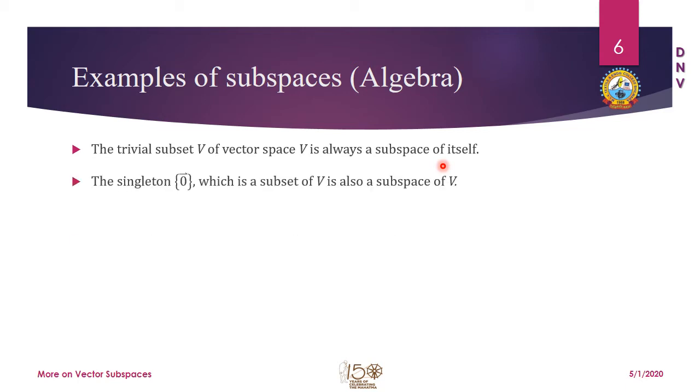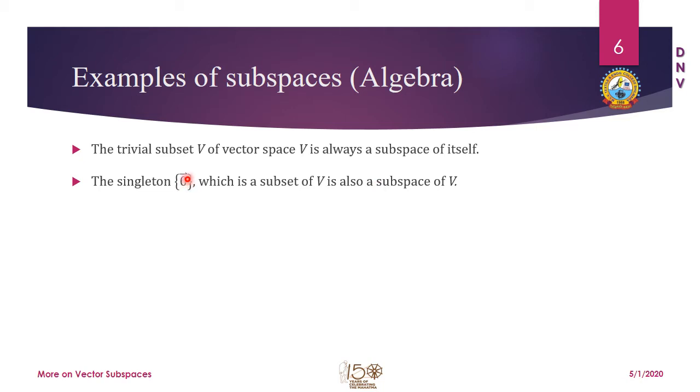Second, we are taking a singleton set. Singleton set means a set containing only one element. Here we are considering the singleton containing the 0 vector, which is a subset of V and is also a subspace, because 0 is the only element in the space which satisfies all the conditions for a subset to be called a vector subspace.